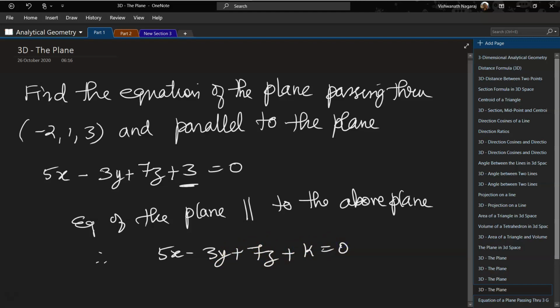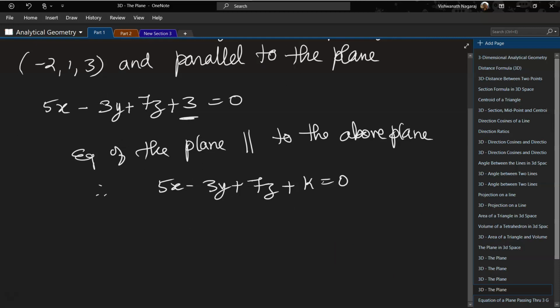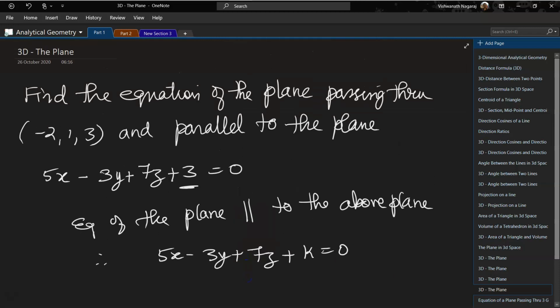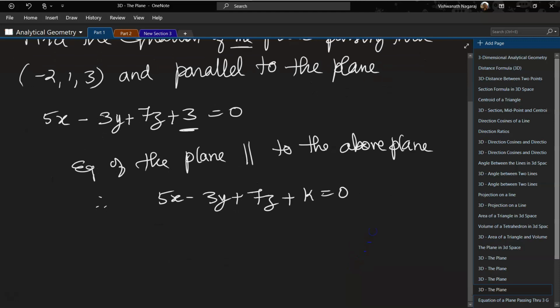It could be any of an infinite number of possibilities. But we want a very specific one. Remember, I substituted k in place of the constant because the condition is that it should pass through this point.